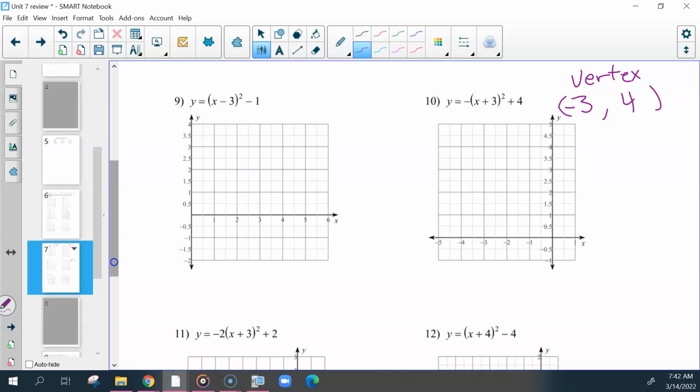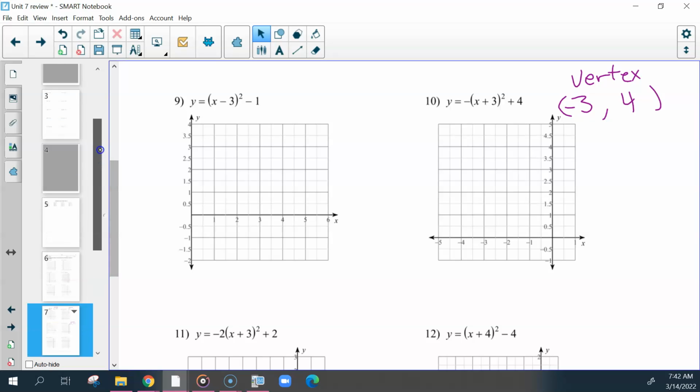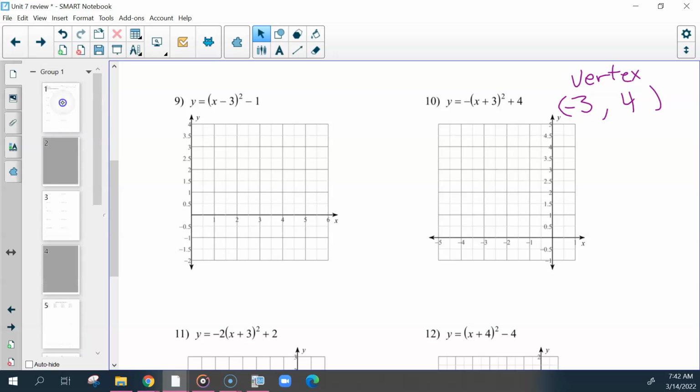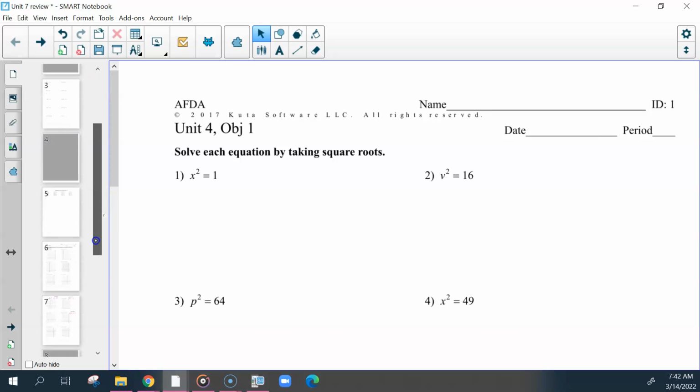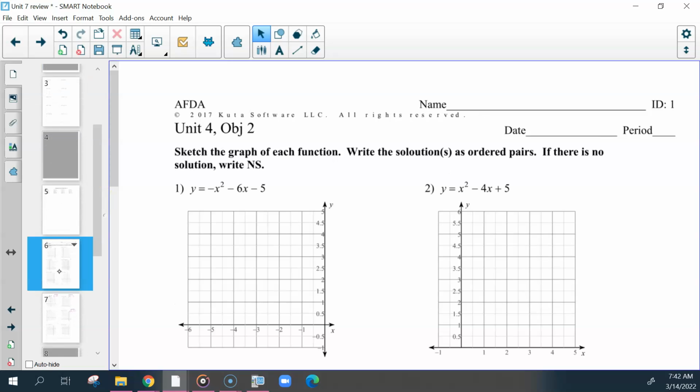So just like Friday, you have this review, go through it, see what you feel like you need to practice. As a reminder, tomorrow is your 7.1, 7.2 quiz, so that's your solving quadratics by square roots. So that should be the first page back and front. And then 7.2 is just the graphing.